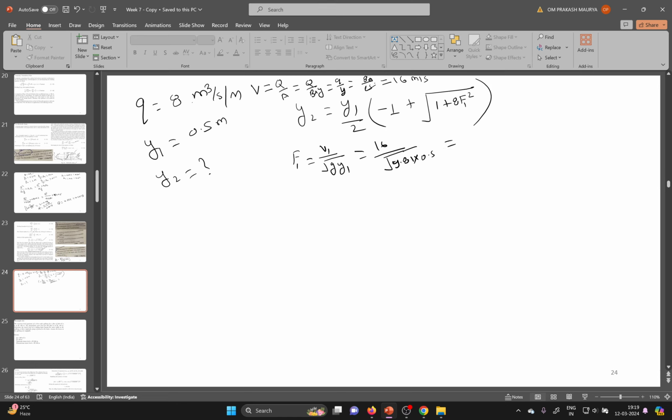So 16 divided by root under 9.81 into 0.5, if you calculate, is 7.22.